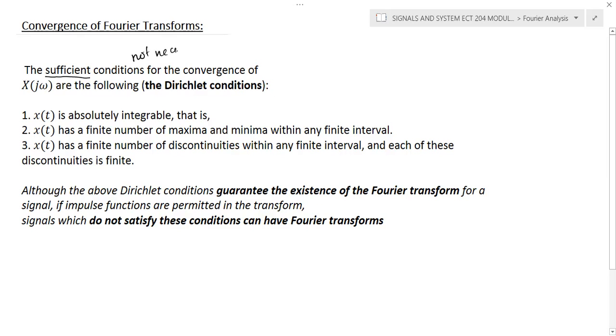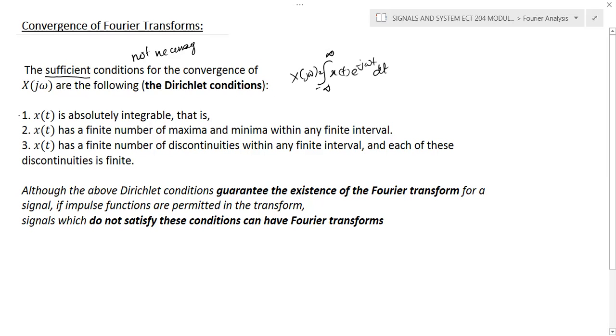I will tell you why it is like that. It's a sufficient condition for the convergence of X of j omega, or we can say we can use this particular equation to evaluate the Fourier transform only when it satisfies the following conditions. The conditions are known as the Dirichlet conditions.